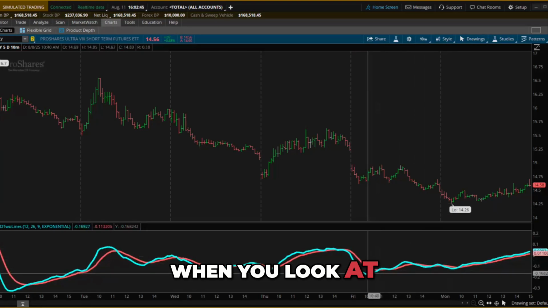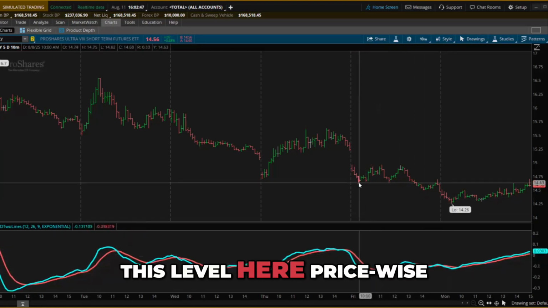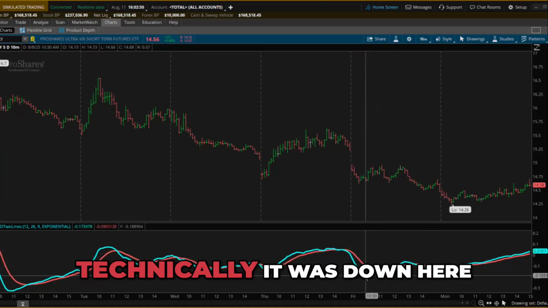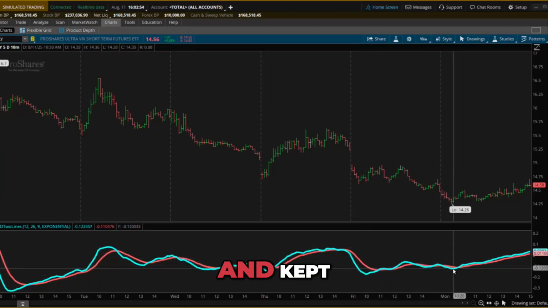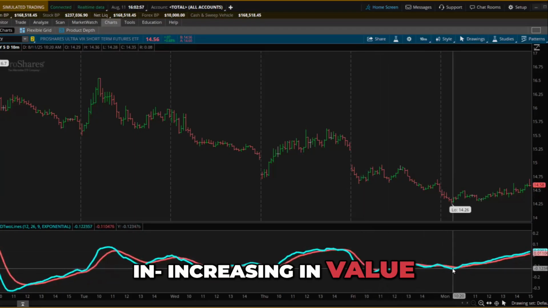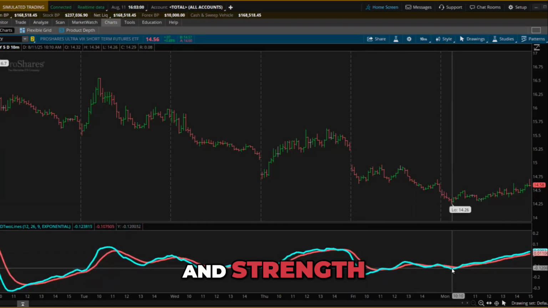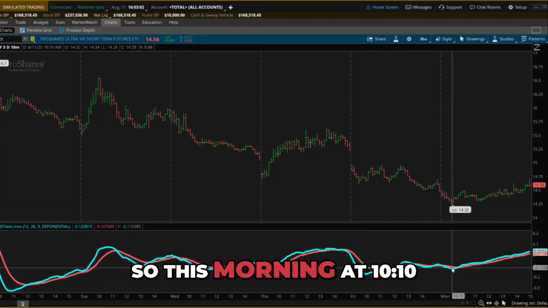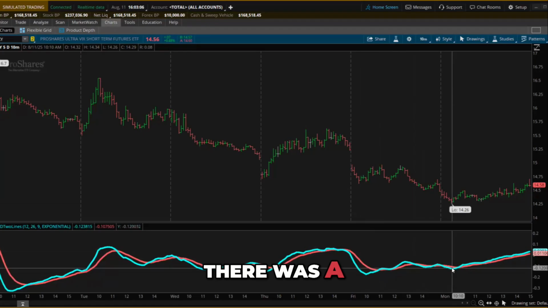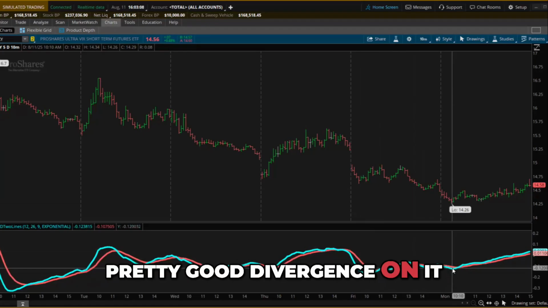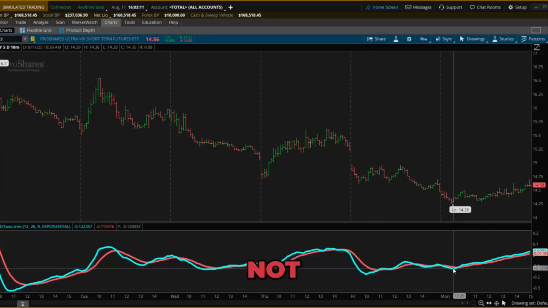When you look at where it was at this level here, price-wise, and technically it was down here, and it kept rising and kept increasing in value and strength. So this morning at 10 after 10, there was a pretty good divergence on it, but not the best.